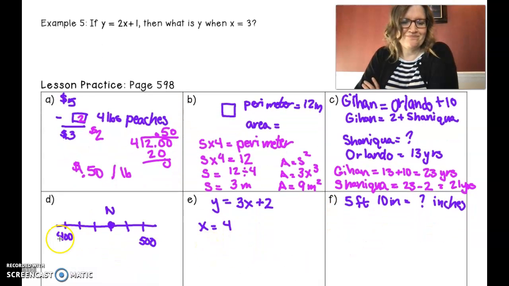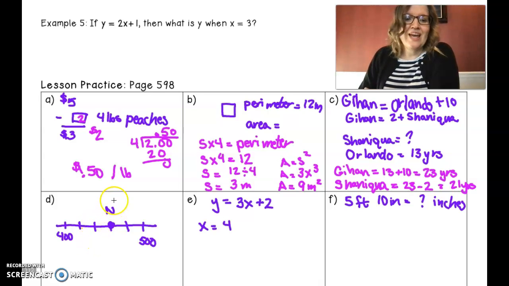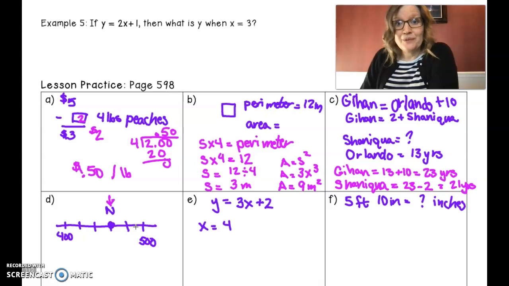Our next puzzle is, what in the heck is this point N right here? We have 400 to 500. What do we do? The first thing I think of is, we know that we can have many points between 400 and 500, but these are all equally apart. So we've got to find out how many segments this is broken up into.